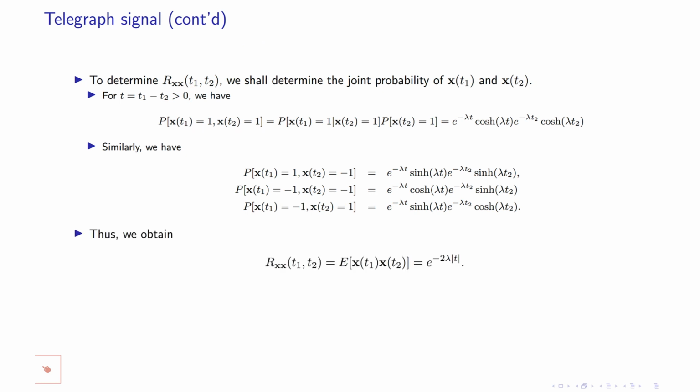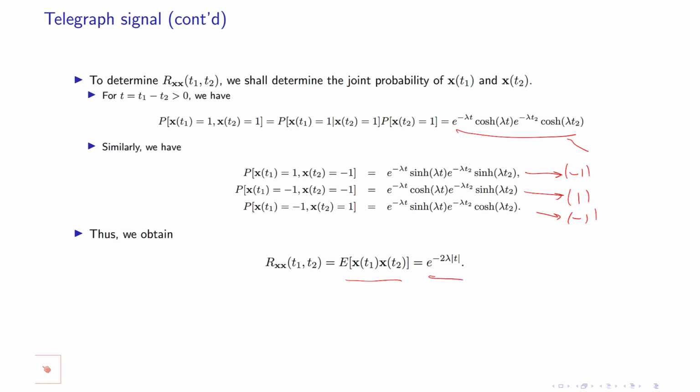In that case, if you consider the 4 cases, that means you multiply this one by 1, this by minus 1, this one by minus 1, this by plus 1, and this one by minus 1, and then add the 4 terms together, simplify them, and you get this one.